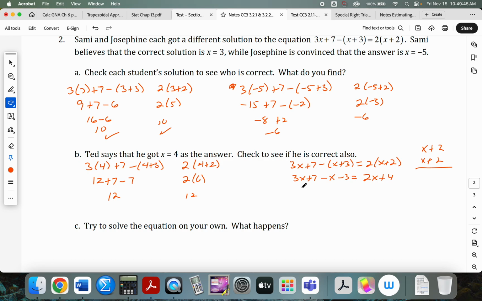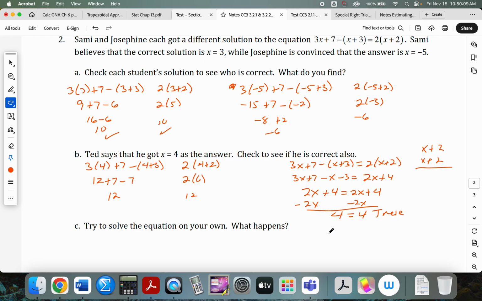All right, well, let's see. This is 2x plus 4 equals 2x plus 4. Well, if I subtract 2x from both sides, you get 4 equals 4. Is that true? Yes.